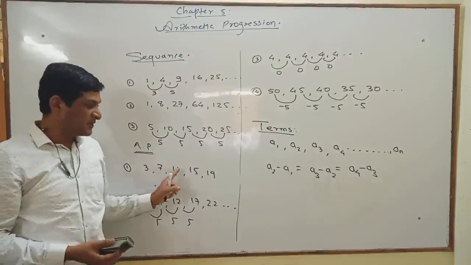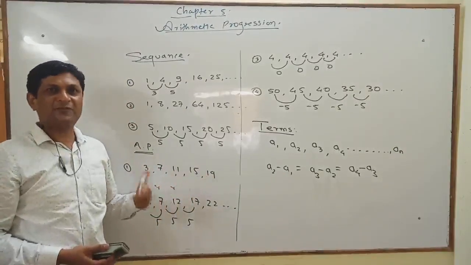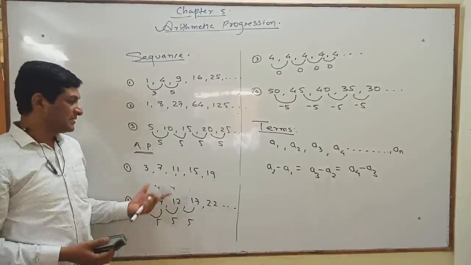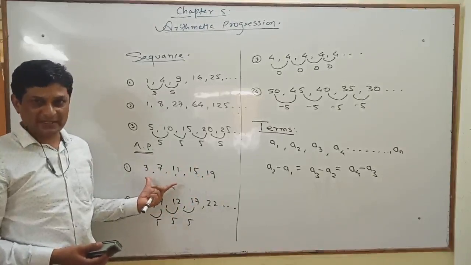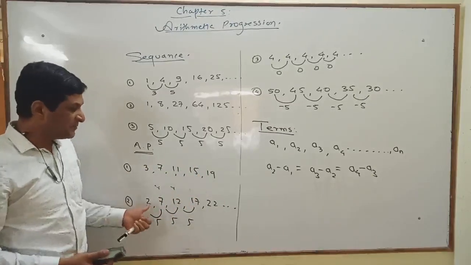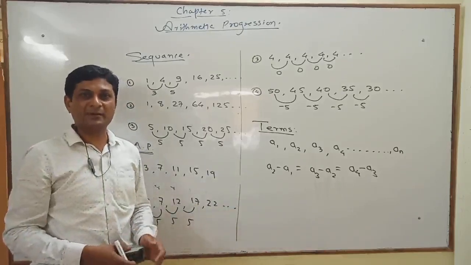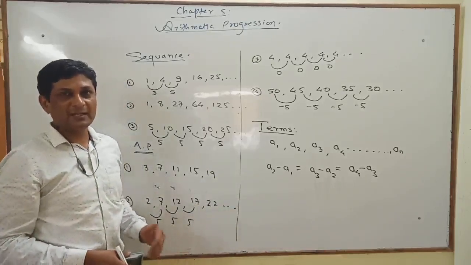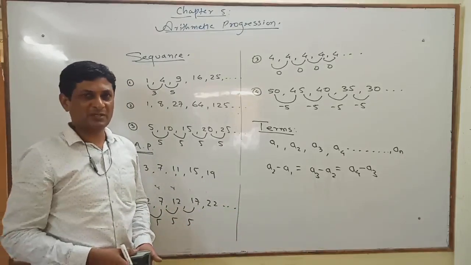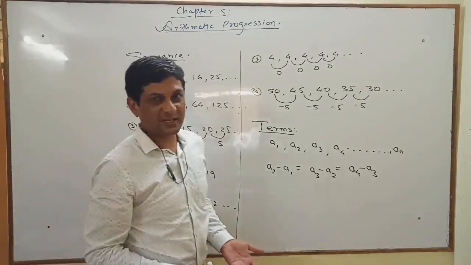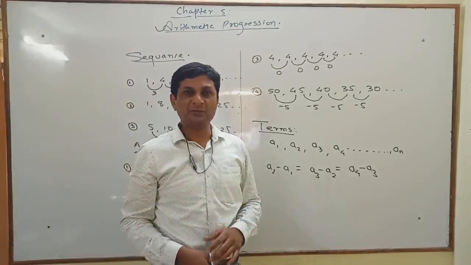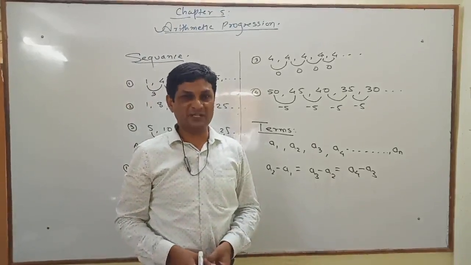Since the number of terms is countable, countable means what? Finite. So at that time this sequence is called a finite arithmetic progression. And if the terms are infinite, meaning uncountable, at that time the arithmetic progression is called an infinite arithmetic progression. So a very simple definition is there, and using this definition we are solving the examples from the first exercise.